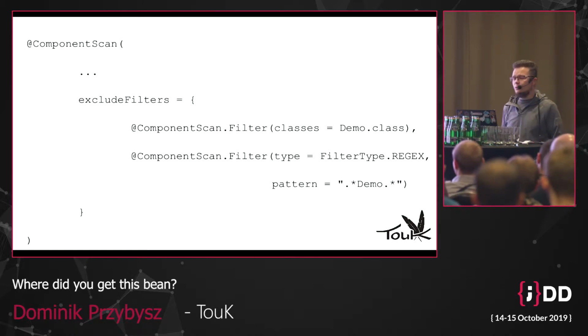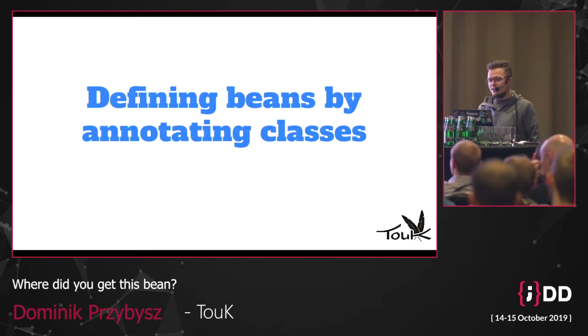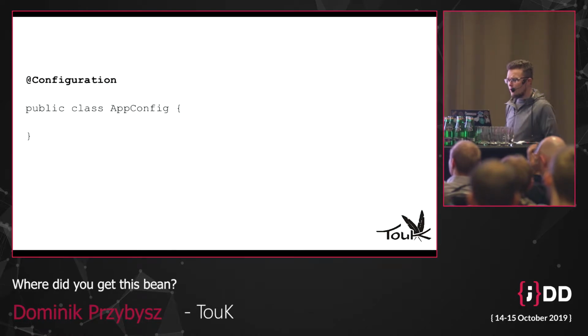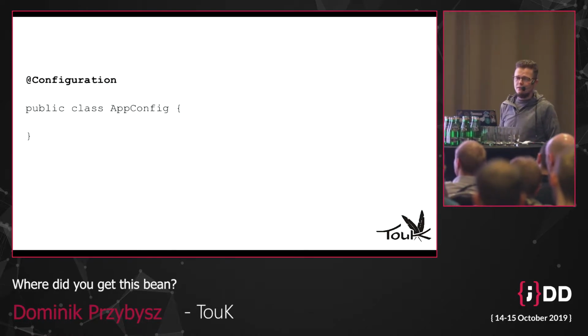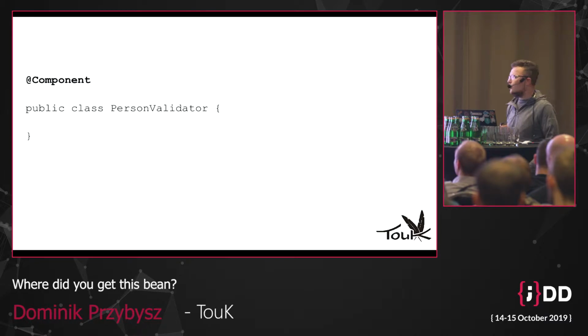And of course, we need annotated classes to do the component scan. So let's define some beans using annotations. First, we have the configuration. It's the most obvious way, where we put the bean-annotated method inside this configuration. We could, of course, create components, which are just normal beans without any specified role in our application.